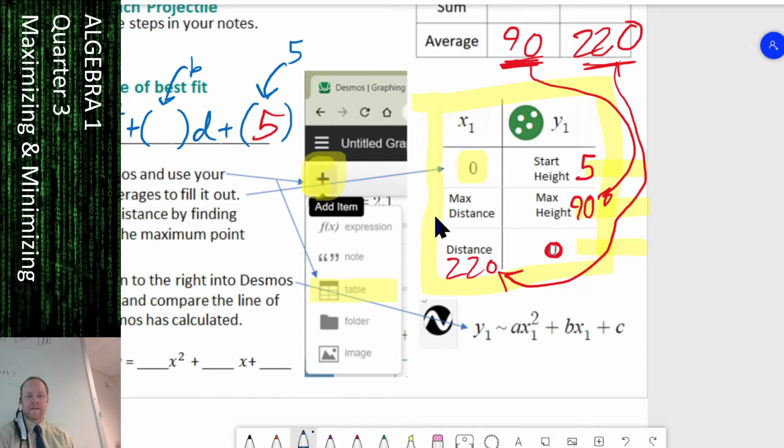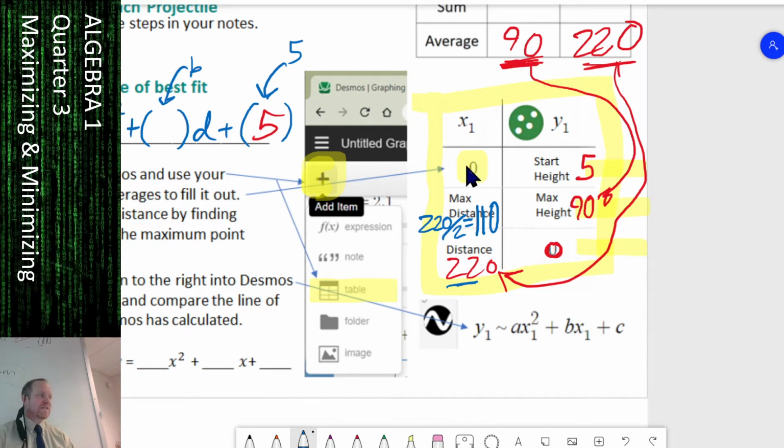In my case, 220 divided by 2 gives me a maximum distance of 110. So go ahead and take this number, divide it by 2, and you'll have your maximum distance. It doesn't need to be exact. If your distance was an odd number, it doesn't cut in half nicely, you can round it up to the nearest whole number.